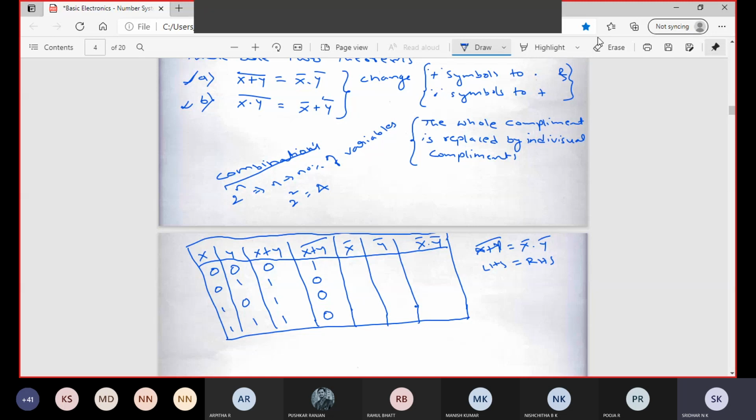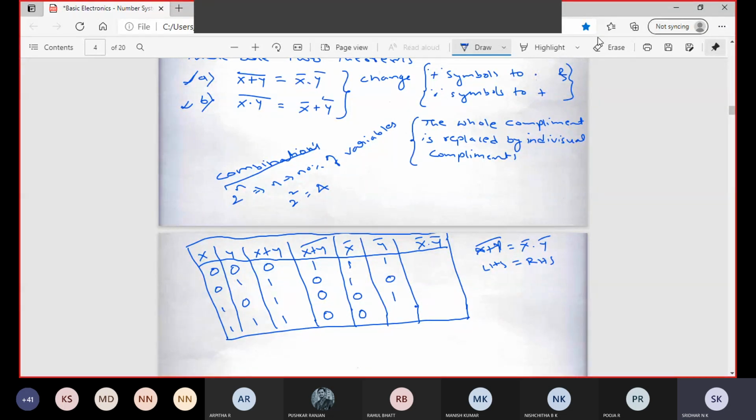Right. Now you see here x bar. Here we have x, so what I have to write for x bar here? 1, 1, 0, 0. Similarly for y, you have y here. For 0 you have 1, for 1 you have 0, and for 0 we have 1, and for 1 we have 0. Correct?